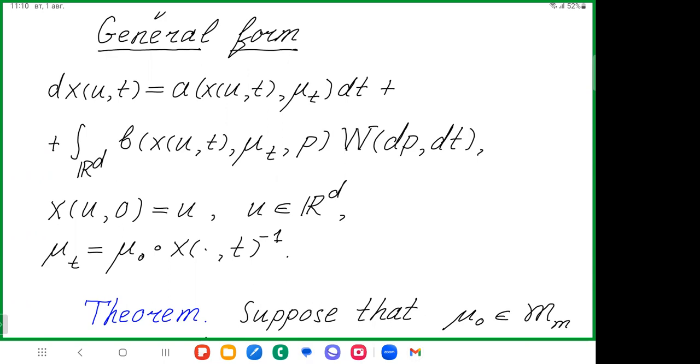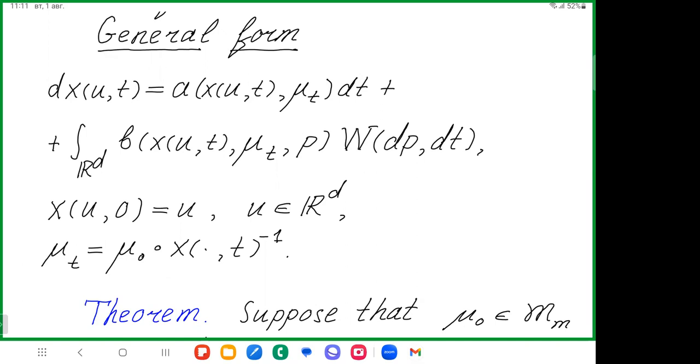We already have the solution. Suppose that we input this mu t into the coefficients and look at this equation only as an equation for x and the known mu t. Mu t is already known. Then we will have a stochastic differential equation with random coefficients, but with smooth coefficients.